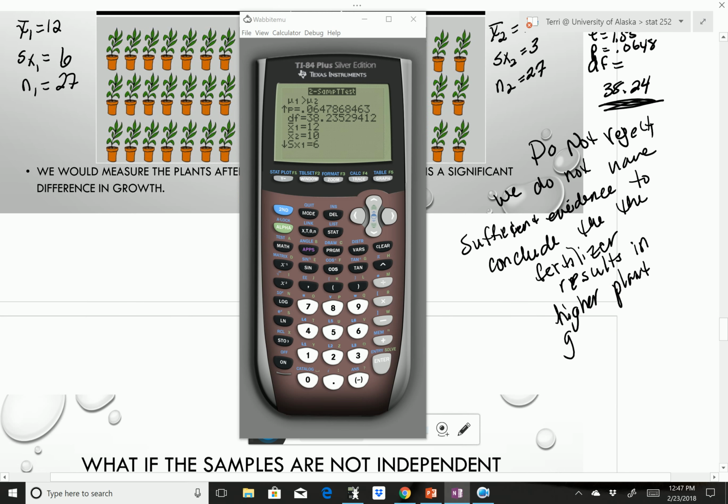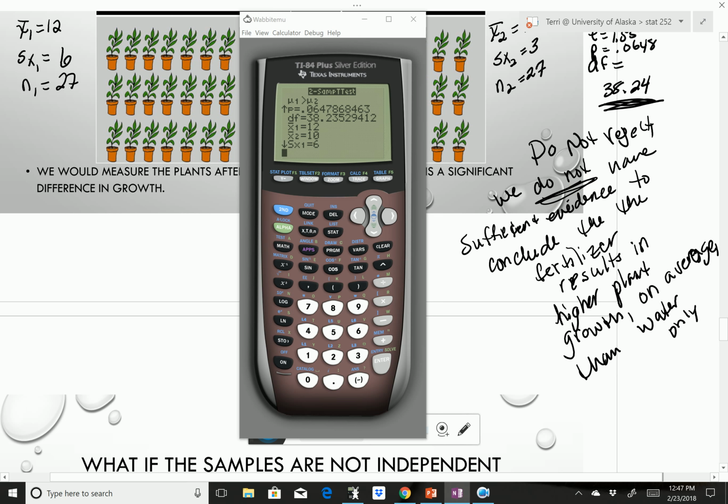And I'm writing it slightly different this time just to show that you can write it differently. On average than water only. So we do not have sufficient evidence to prove that now.